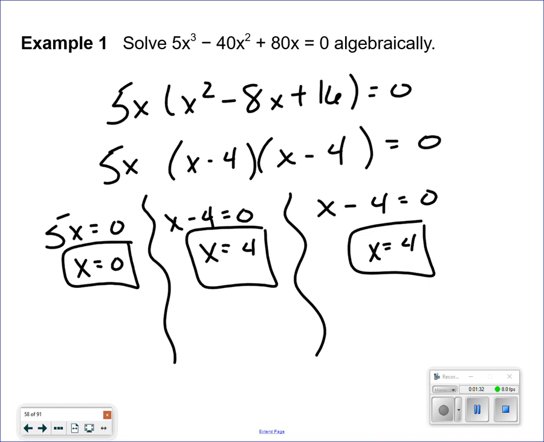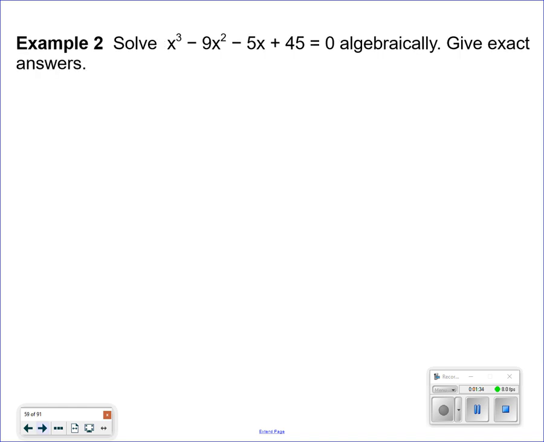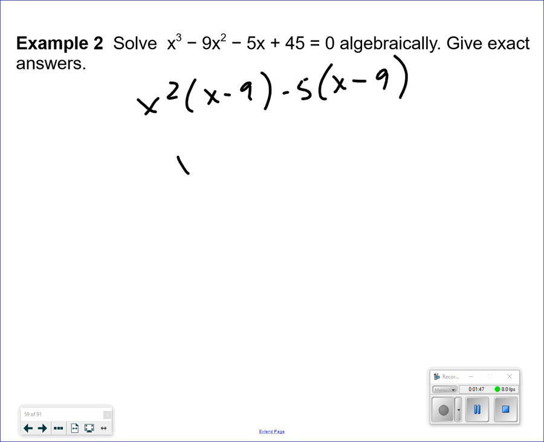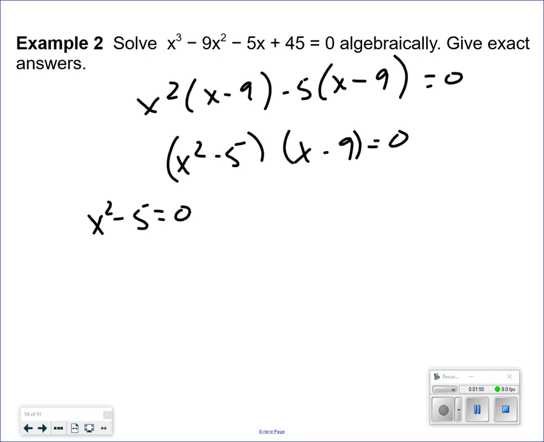So the next one, same thing. 4 terms, so I can do factor by grouping. Whoops, take a -5 out of the second two. And then group. Again, once you have it in factored form, set the factors equal to 0.